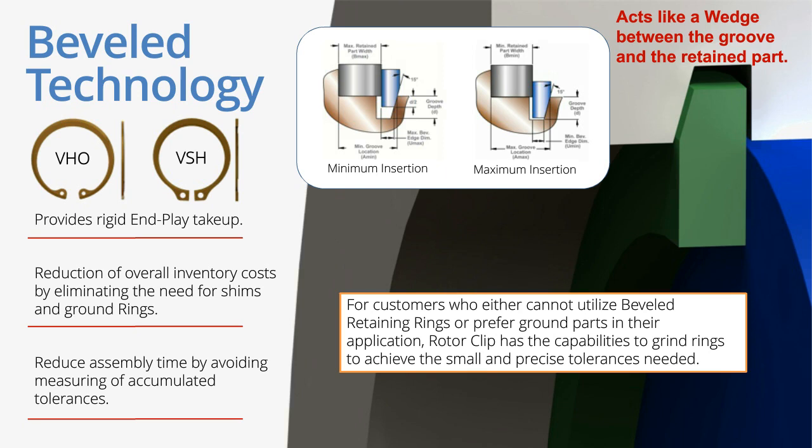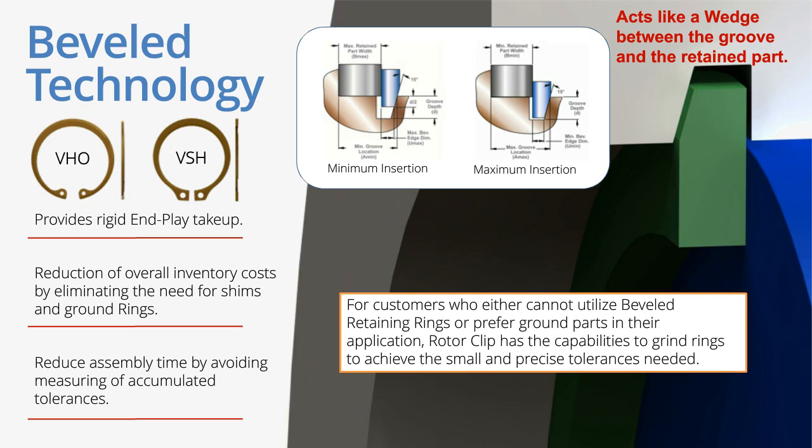The VHO style ring can take care of that tolerance stack with just one ring. This leads to less inventory for the customer and less cost to the customer, since the bevel can be integrated into the stamping tool or even formed into the wire before wire forming.